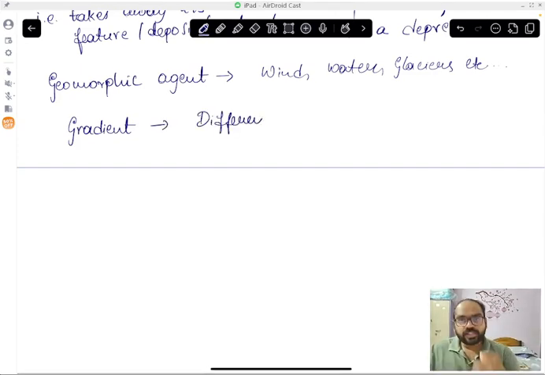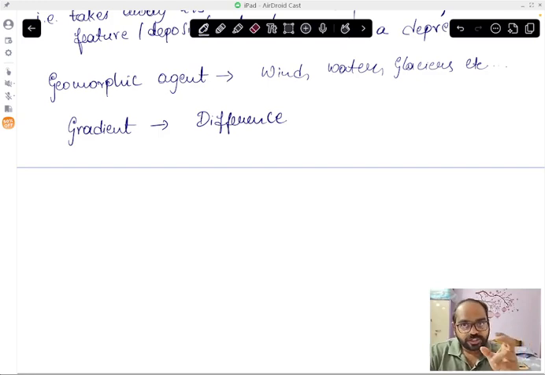How does a force develop? For a geomorphic agent to take away the material, first of all, the material has to move, right? What is responsible for the movement of that material? It is the gradient that is responsible for the movement of that material on earth. That gradient is developed by gravitational force.